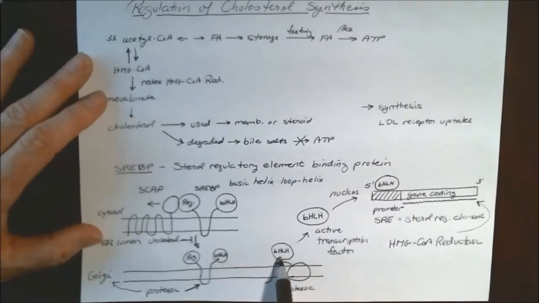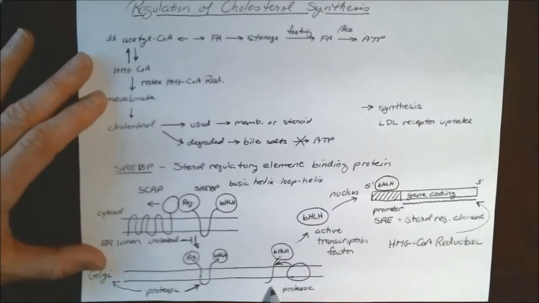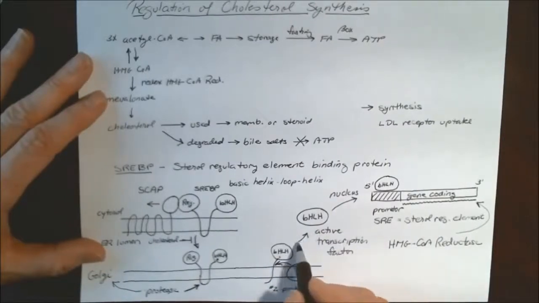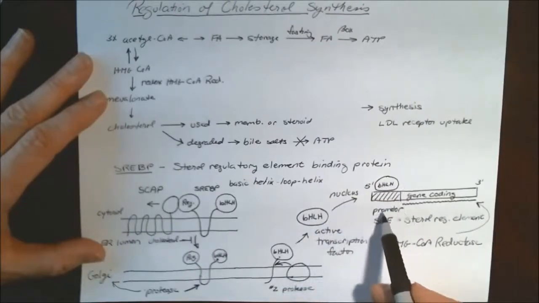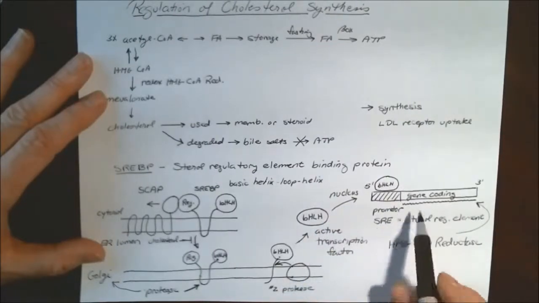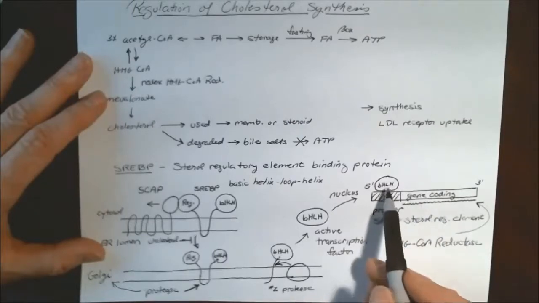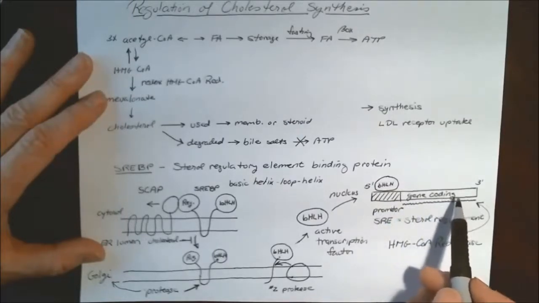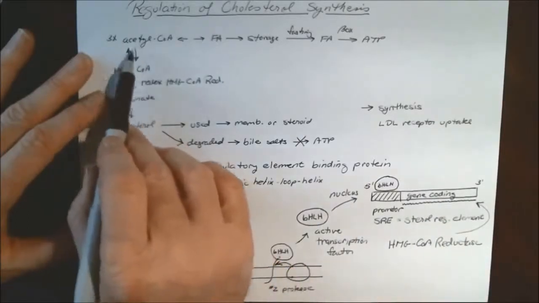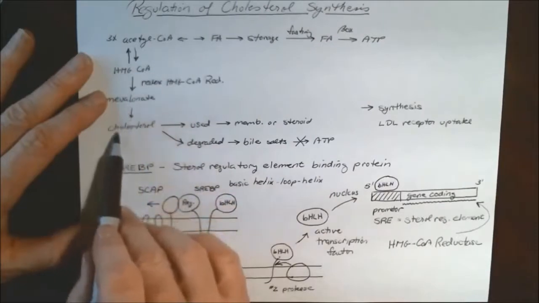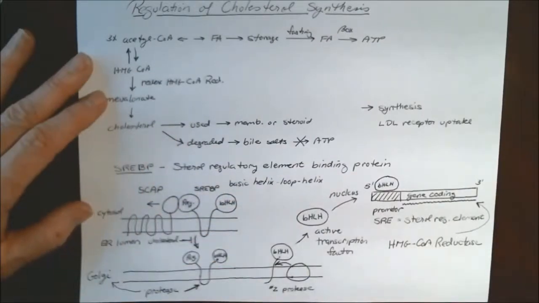The transcription factor domain, which is cleaved, is now subject to a second protease to release this as a soluble form in the cytosol. It now is able to enter the nucleus, bind to the promoter element, which is the SRE, the sterol regulatory element, and transcribe the HMG-CoA reductase gene to increase the flux of acetyl-CoA through the cholesterol pathway and increase the production of cholesterol.